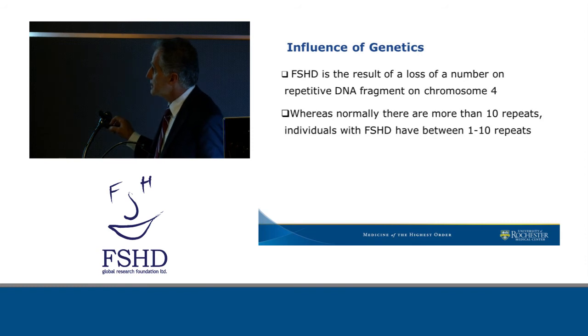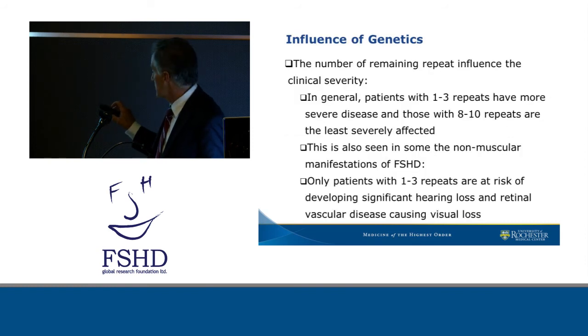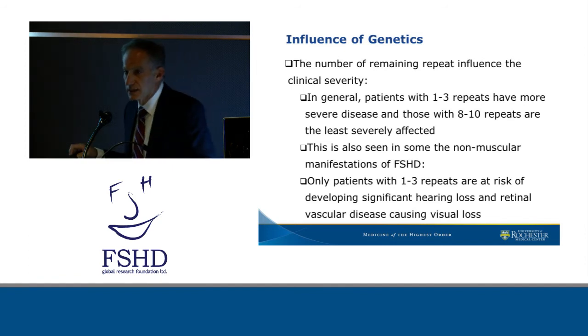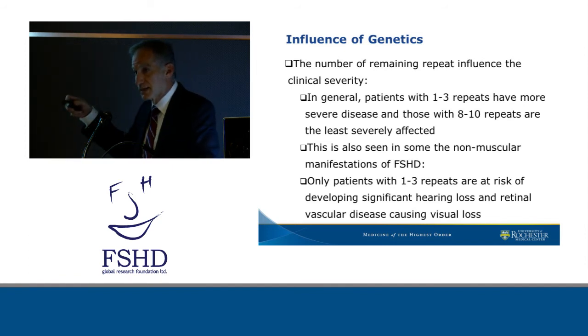There's a clear distinction between patients who have 1 to 3 repeats that typically have the more severe disease, and on the other end of the spectrum, the 8 to 10 repeats. Those are the patients who are likely to be non-penetrant, meaning that they carry this contraction, but they're not showing signs or may show signs later in life.